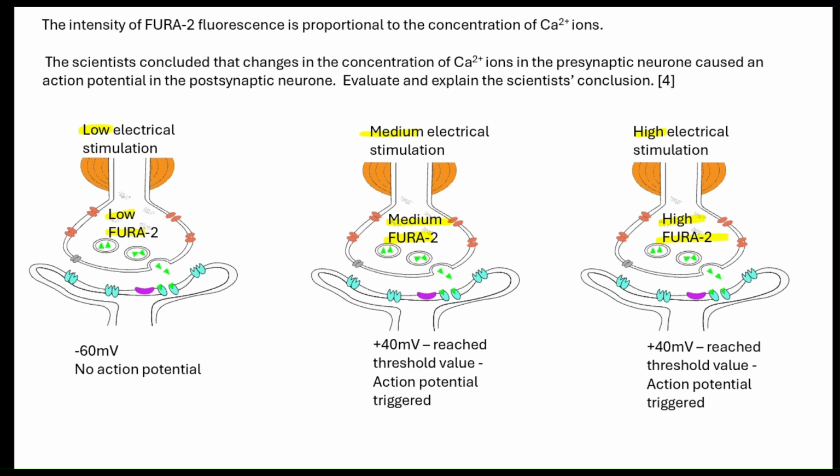And that is because you need to remember that it's an all or nothing response. As long as that threshold value has been reached, that will trigger an action potential. So it doesn't matter if that stimulus is medium or high, there is enough neurotransmitter released to depolarize the postsynaptic membrane to the point at which that threshold value was reached.